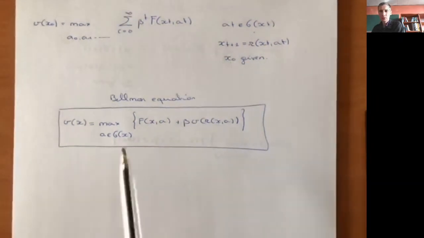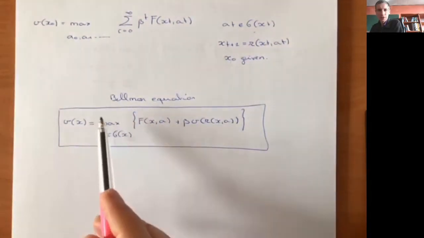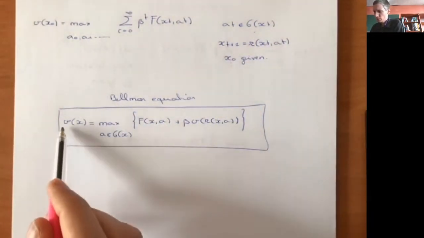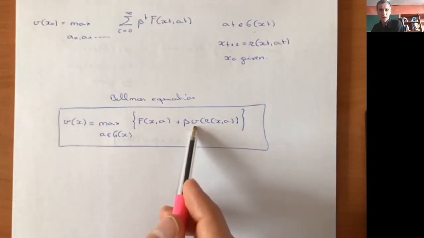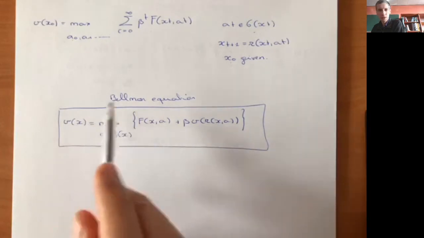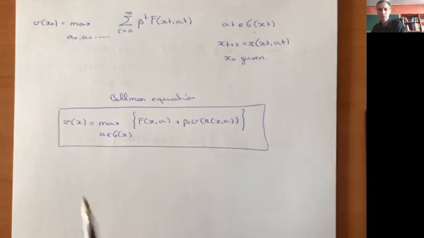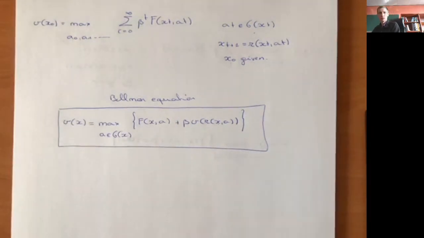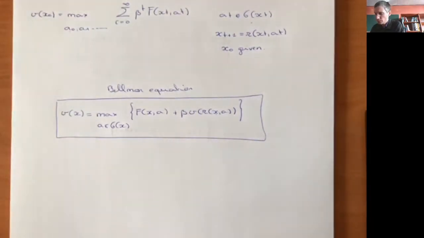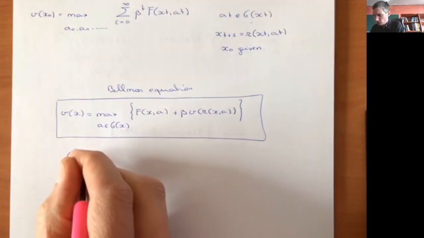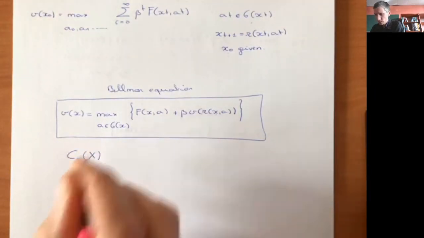Okay, and notice here that this is an identity, you can call it, but here we have v on the left hand side and we have the same function v on the right hand side, right? So in principle, there's no easy way to solve this problem. However, what we're going to do is look at what we call the Bellman operator. So let's go back to the set C_phi(X).